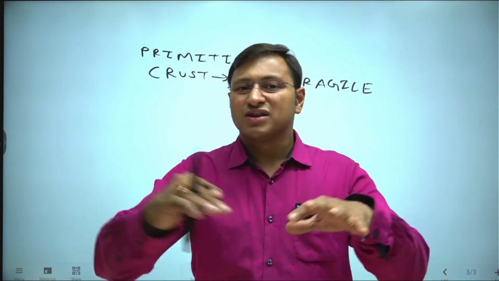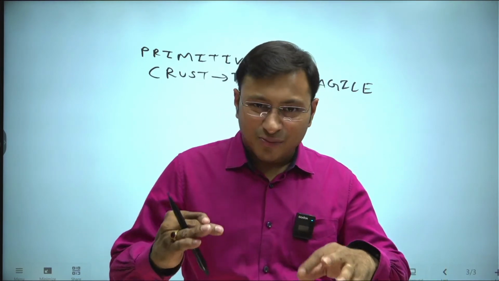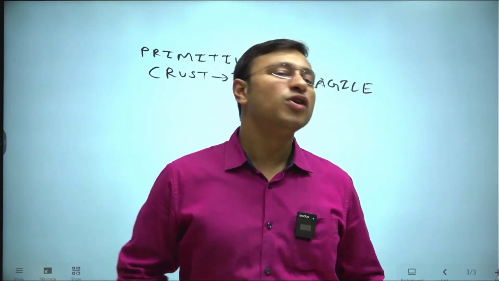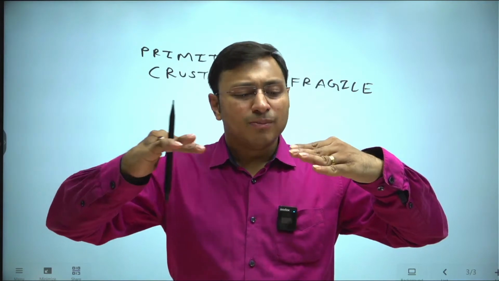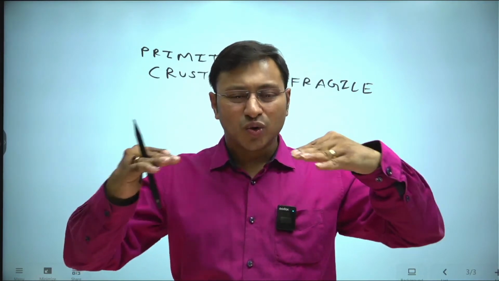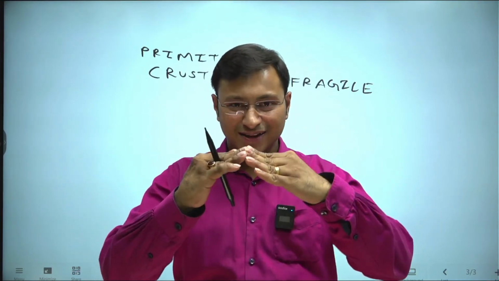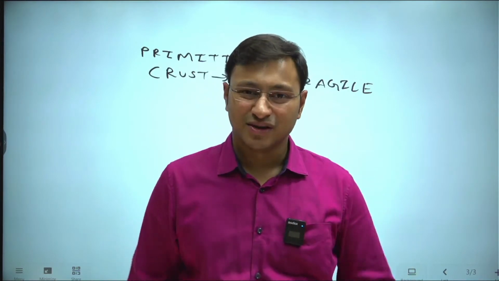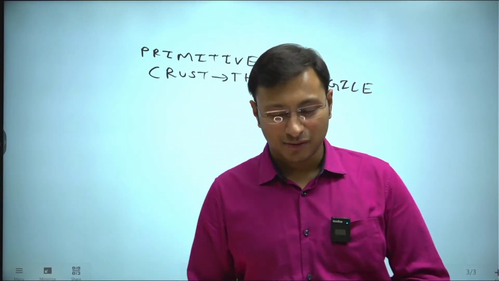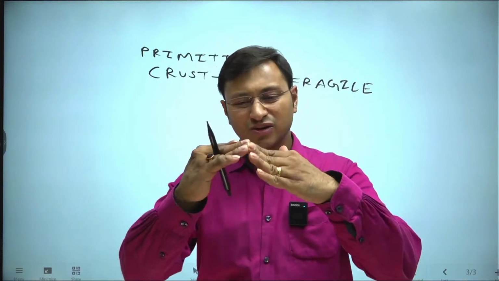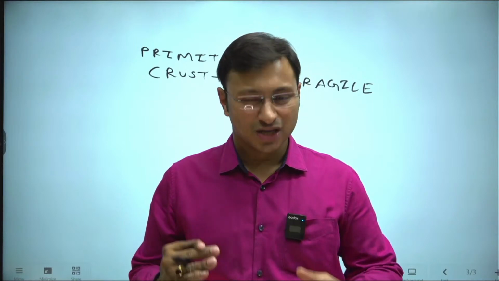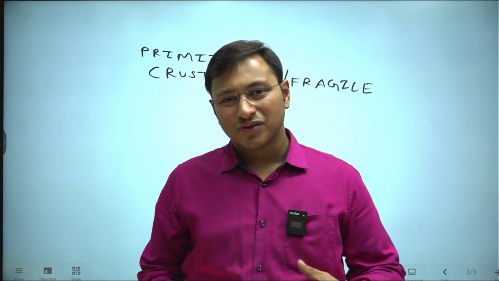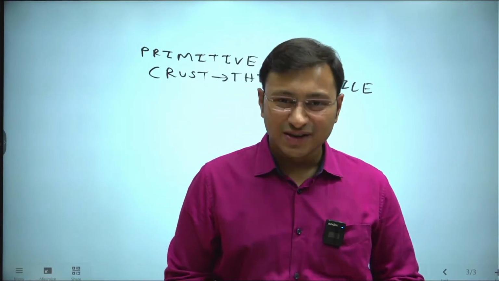When this primitive crust was forming, you had the upliftment of some of the world's oldest fold mountains. Fold mountains basically means when two continental plates or two continental land masses interact, you have upliftment of mountains. It is a very crude definition, but when two plates collide, their interaction results in upliftment of fold mountains.